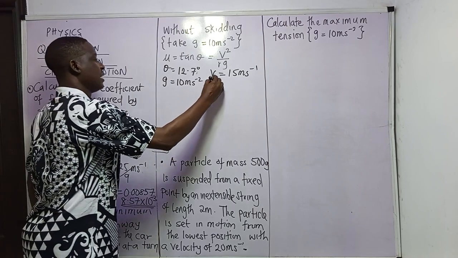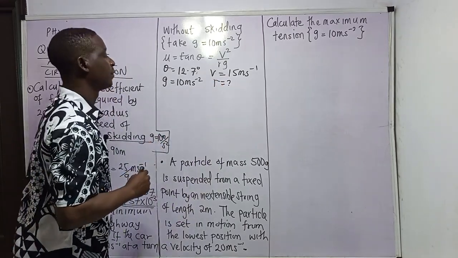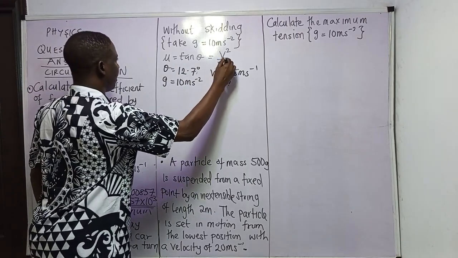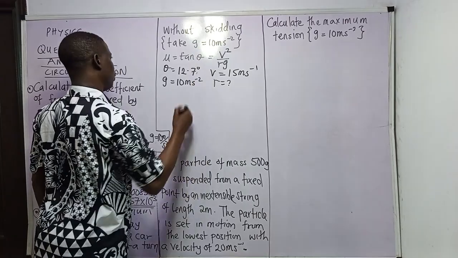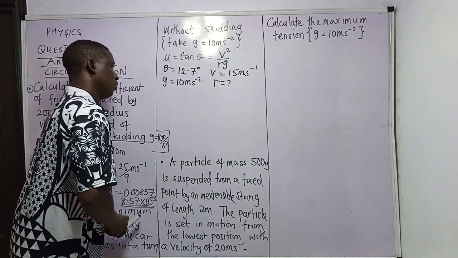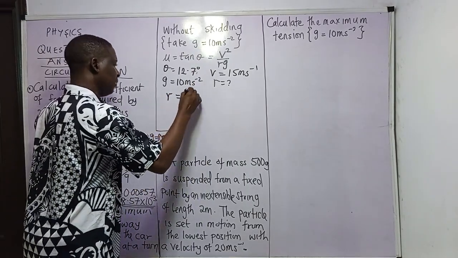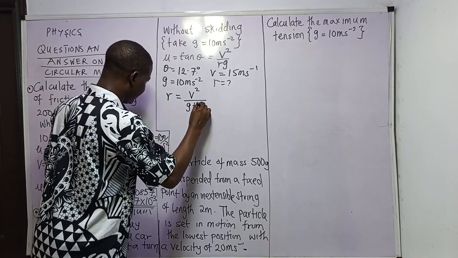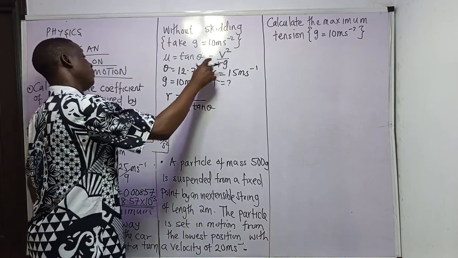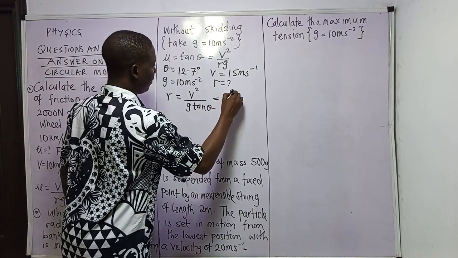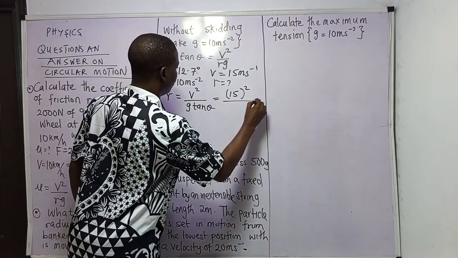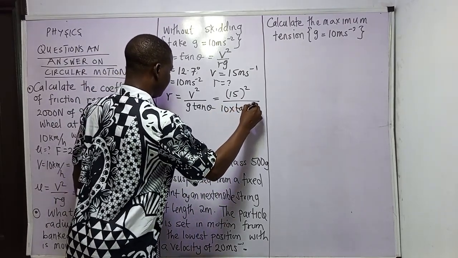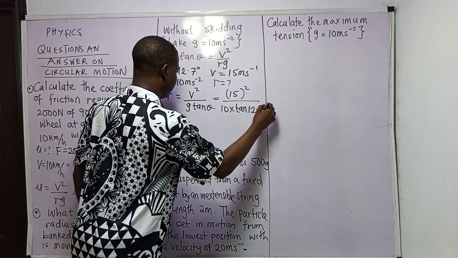Okay, that's what we are looking for. Excellent. Radius is now the unknown. If you make radius the subject of the formula, radius equals V square over G tan theta. So what is our V square? V is 15 squared over G, which is 10, times tan 12.7 degree.